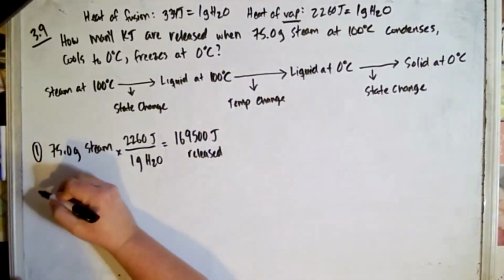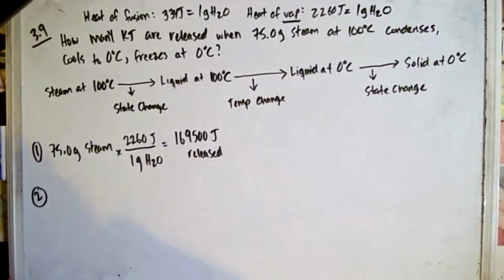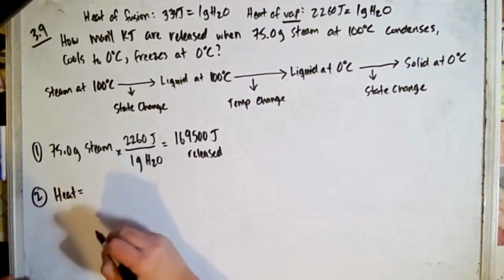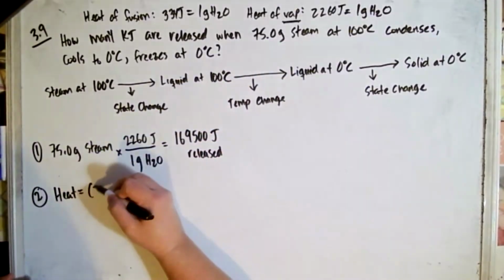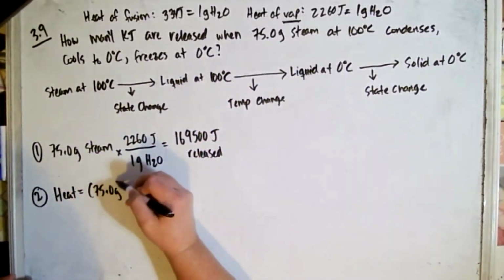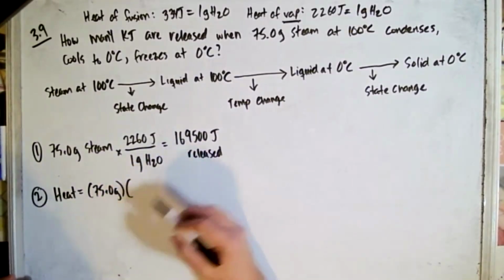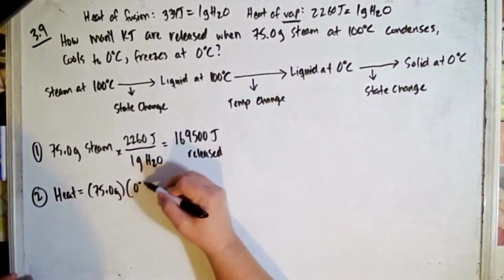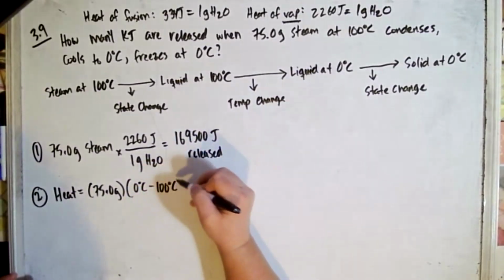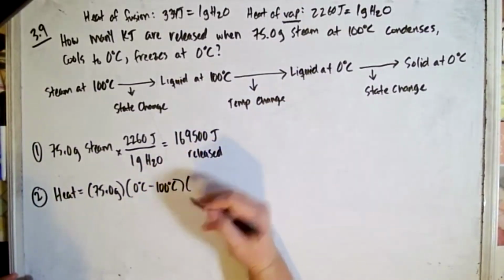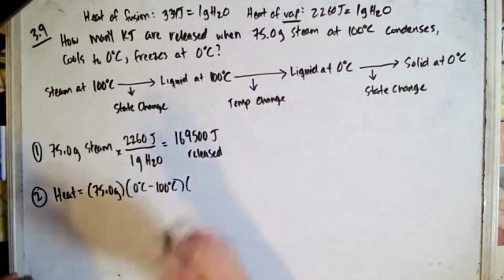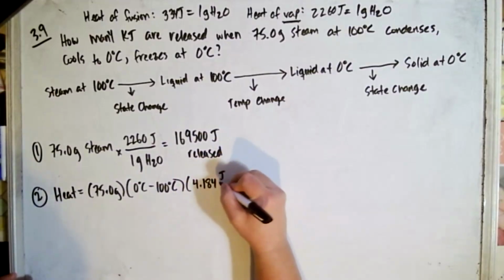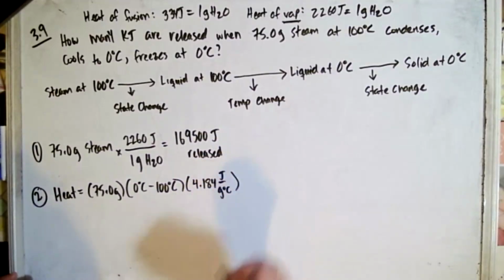Okay. Step 2 is my temperature change. So to find the heat for the temperature change, it's going to be my mass of 75 grams times my final temperature of 0 minus my initial temperature of 100 times my specific heat for water, which is still the same, 4.184 joules over grams degrees Celsius.